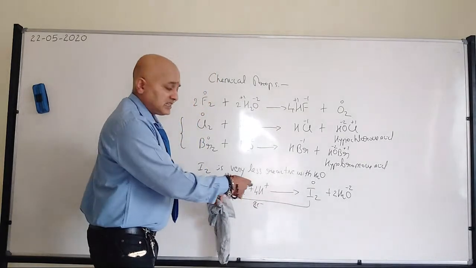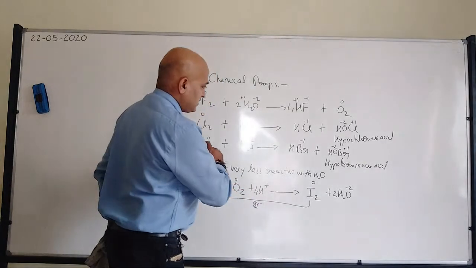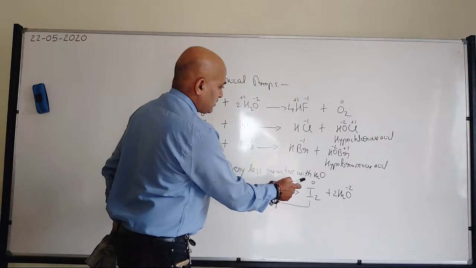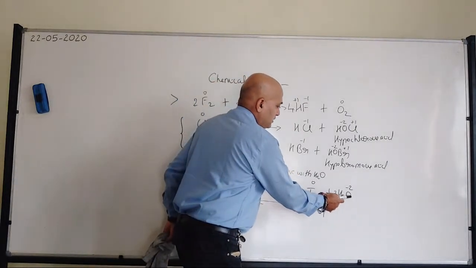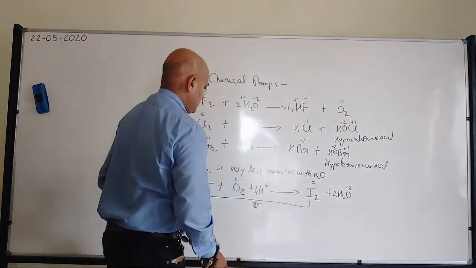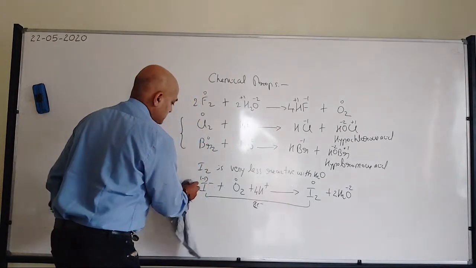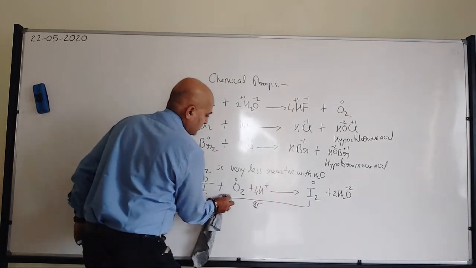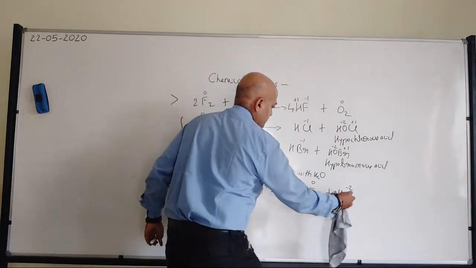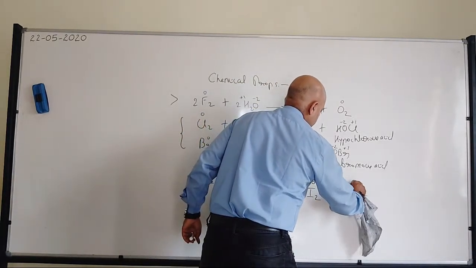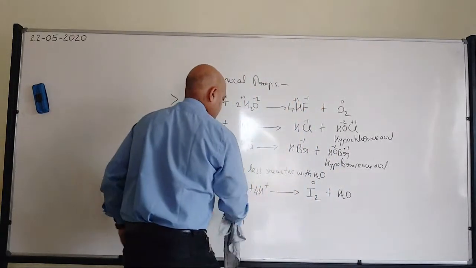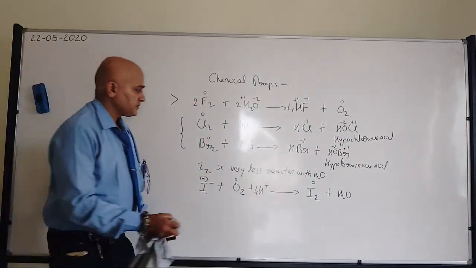But according to this equation, oxygen is taking more, because 2 water means 4. No, it is not balanced with respect to electrons. We will see.